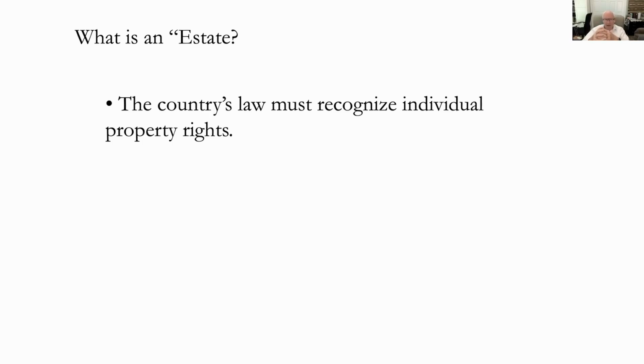In those, having an estate is not a possible thing. There are no probates and no transfers, and whatever happens to the property of an individual when they die has nothing to do with courts or anything else. It usually ends up in the country, in the government.